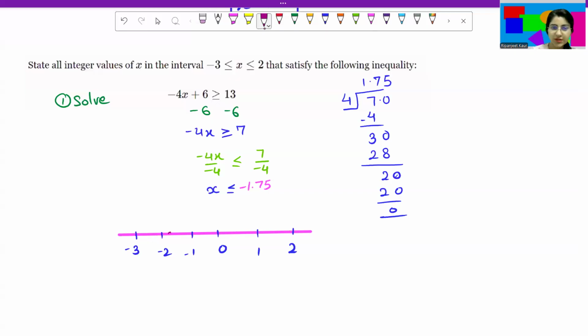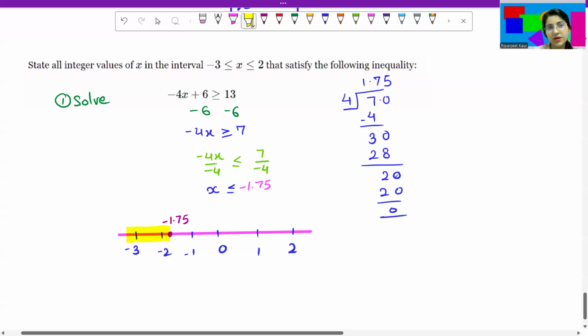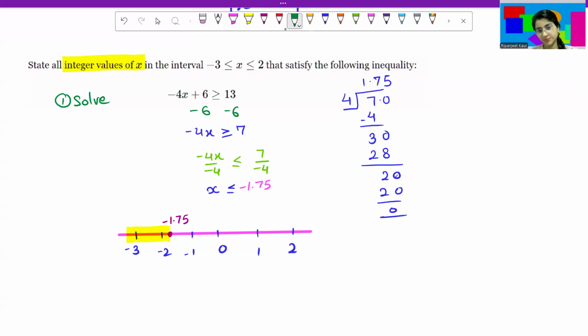We plot negative 1.75 here, and they are saying less than or equal to, and the integer values of x. So what is satisfying it? Negative 3 and negative 2. So x is negative 3 and x is negative 2. These are the two values that are the solutions of this inequality.